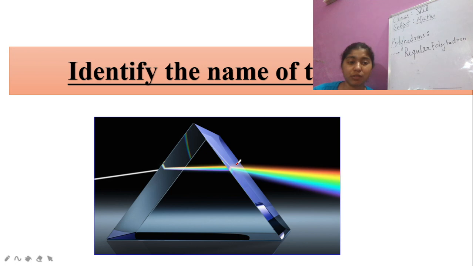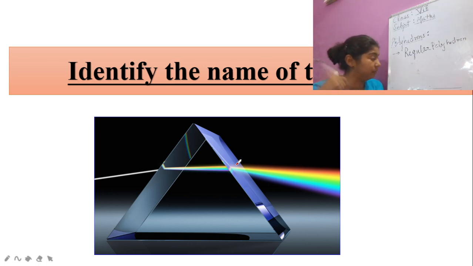Now students, next you have to identify the name of the image. The image is in front of you. I will not tell you, just write down your answer. Yes, very good. We can say that we have a prism, right?